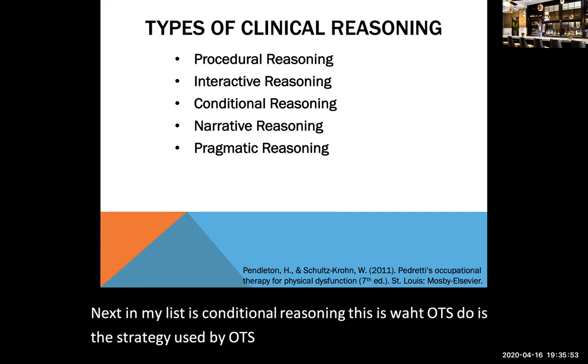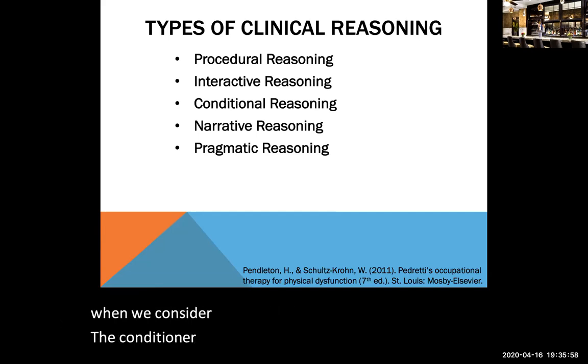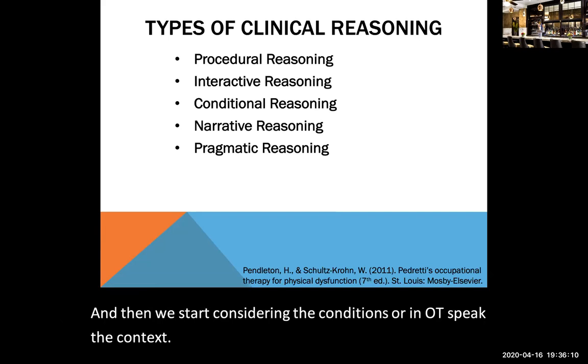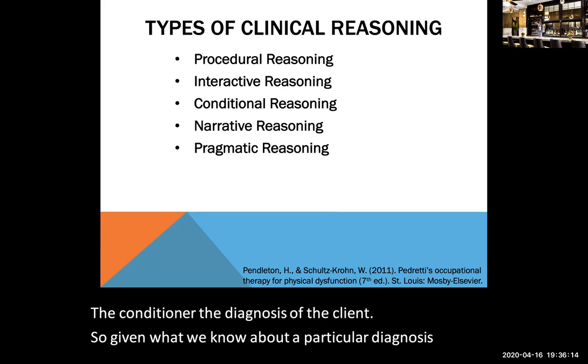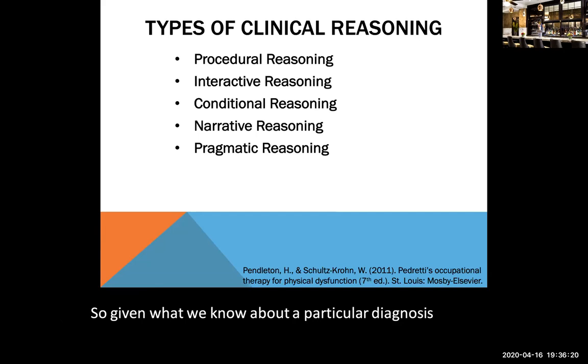when we consider the condition or the diagnosis of the client, and then we start considering the conditions, or in OT speak, the context. So given what we know about a particular diagnosis, we're going to think about the challenges that can or often do come up for people in general with that condition, and then think specifically about the client.